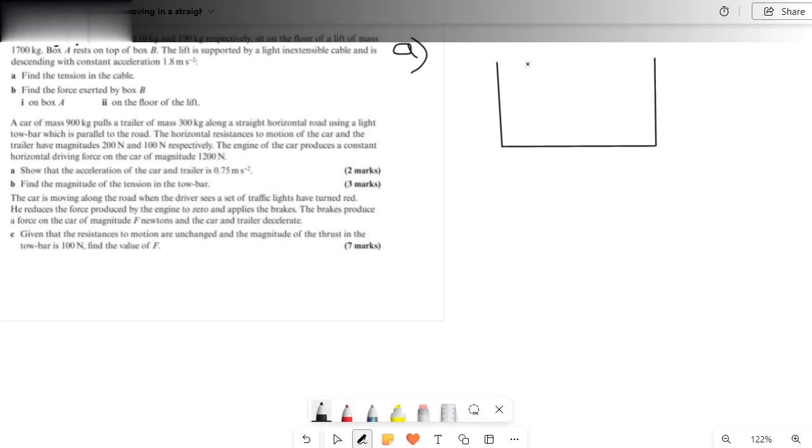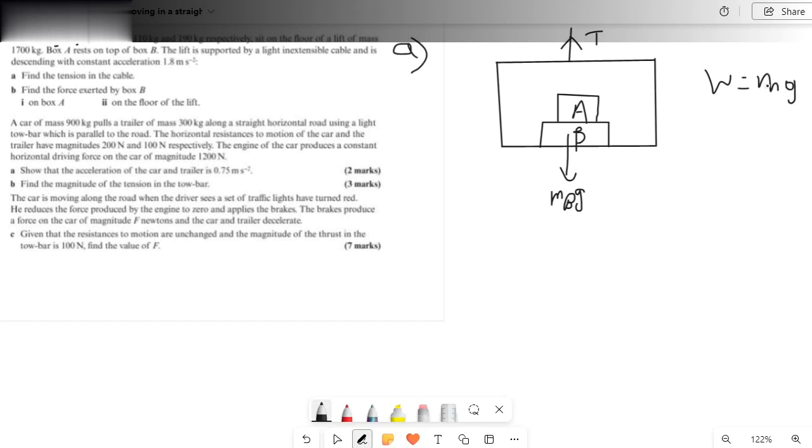Assuming this is the lift and this is the cable, here there should be tension, and there should be box B on the lift as well as box A. So this is the diagram for the forces, where this should be the weight of box B, mBg, as we know that the weight of any object is equal to mass multiplied with g, or mg.